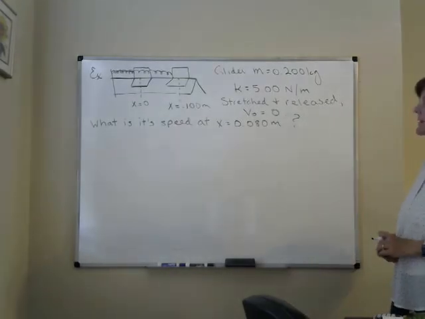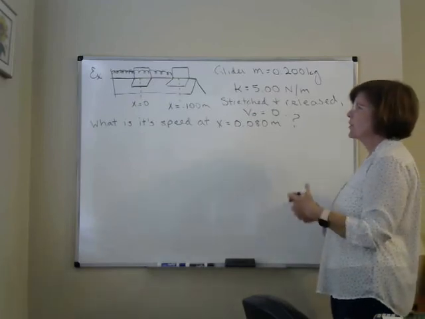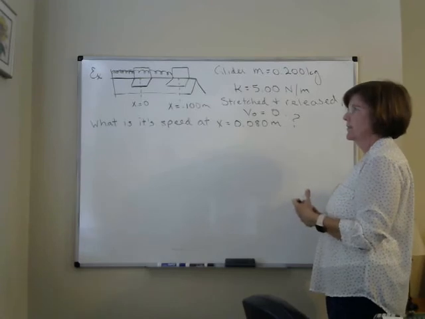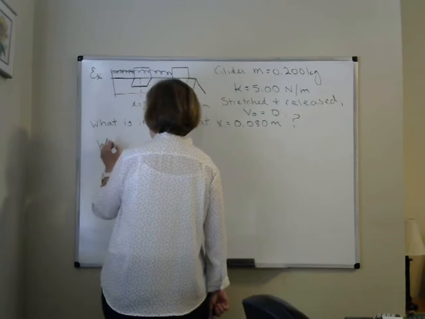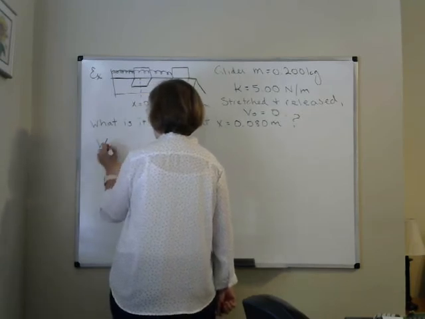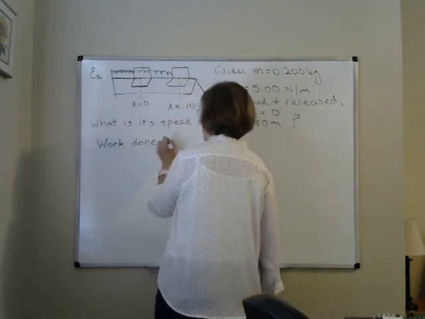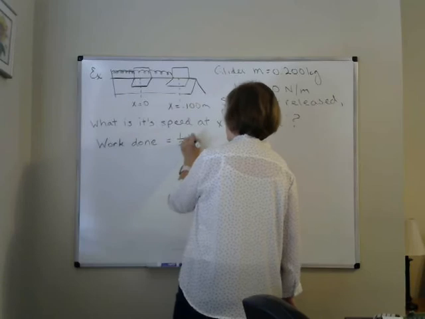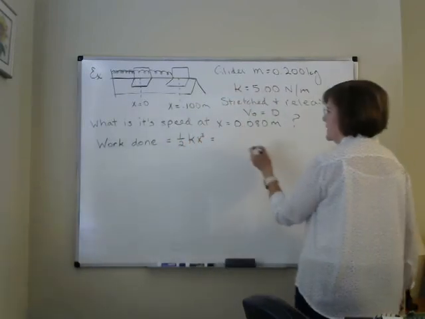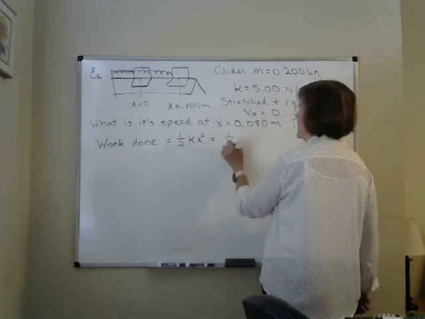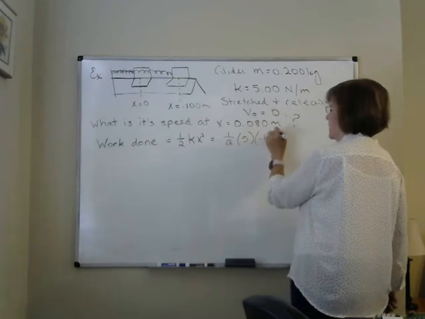Okay, well, let's think about this. Let's think about it in steps. First of all, how much work was done on the glider? It equals the work done in stretching it. So the amount of work done really doesn't have anything to do with the mass of the glider. It's just 1/2, 5, and then 0.10 squared.